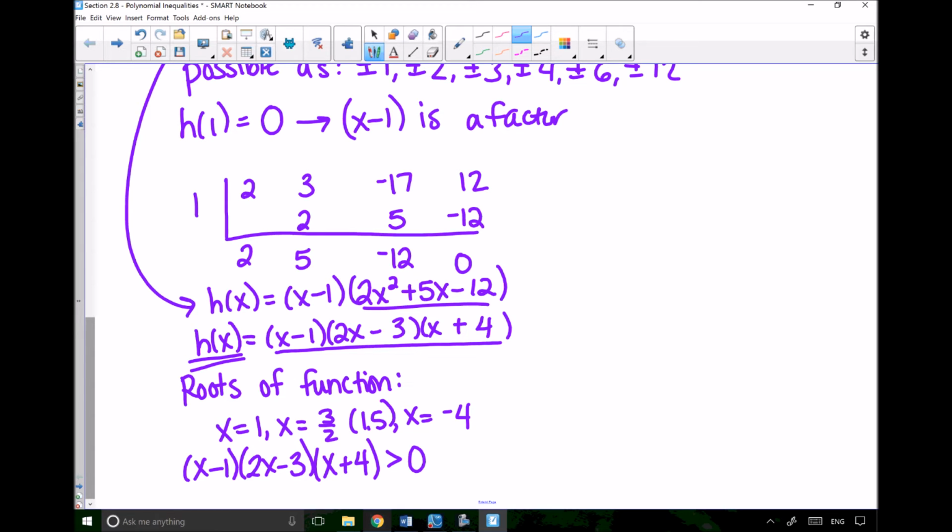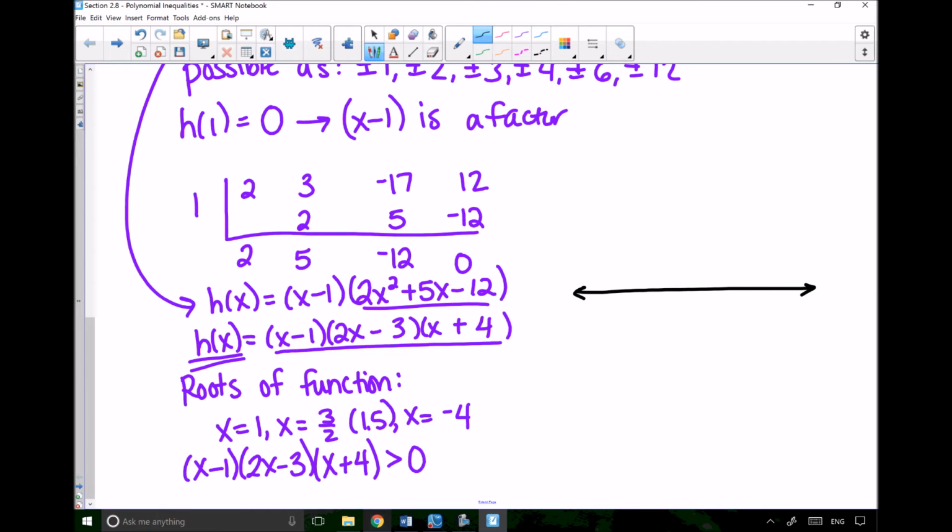So I know that when x is 1, when x is 3 over 2, and when x is negative 4, my height is going to be exactly 0. But the question is, what is going to happen in between these values?